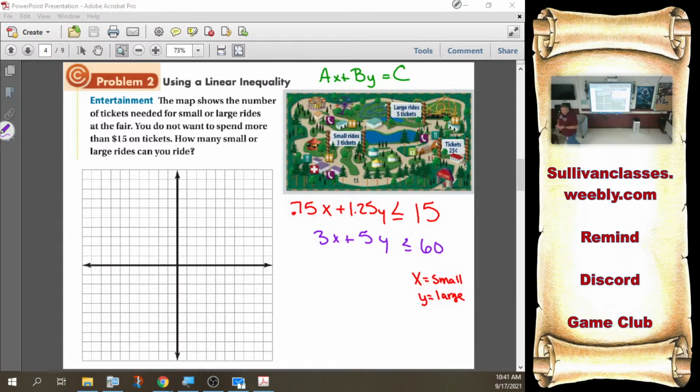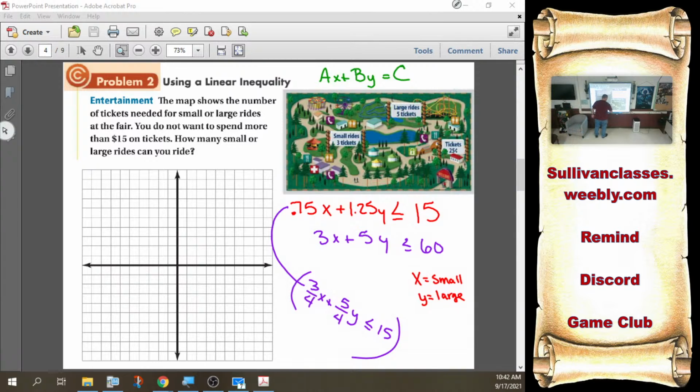Both are equally correct. Both will end up with the same equation. They're going to have the same x-intercepts, the same y-intercepts, the same slope. Because if I take this, isn't this 3/4 x plus 5/4 y is less than or equal to 15? And what happens when I multiply the whole long thing by 4? Same thing, okay?